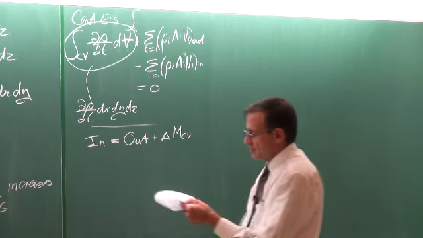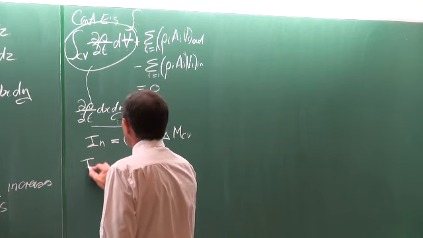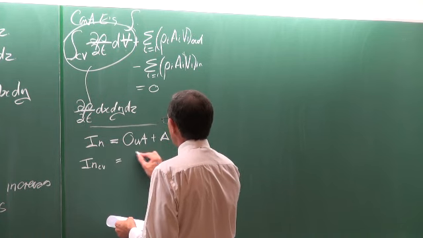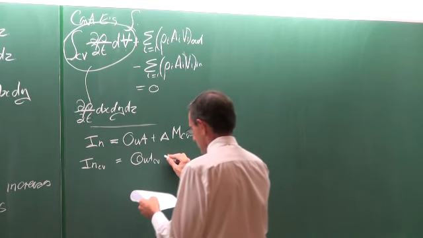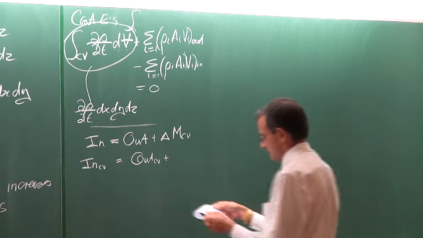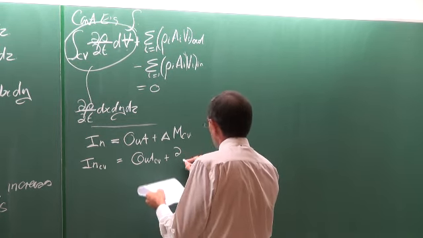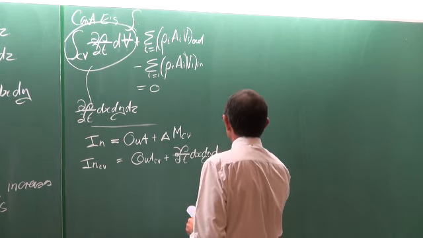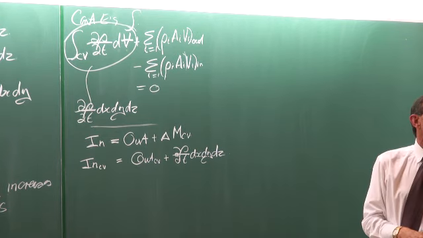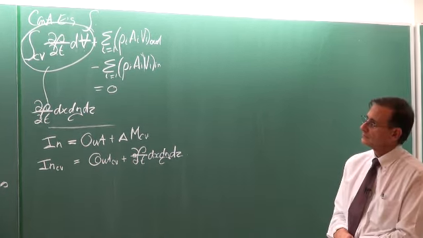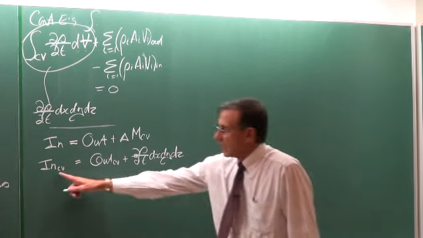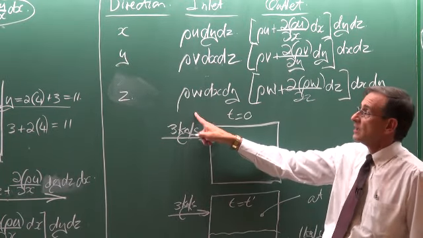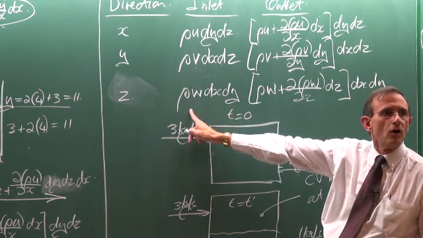Right, so if we now look at everything going in to the control volume, which is equal to everything going out of the control volume, plus partial d rho dt multiplied by dx dy dz, then that is the continuity equation. And this would be equal to all three terms there. So everything going in would be the sum of those three terms.